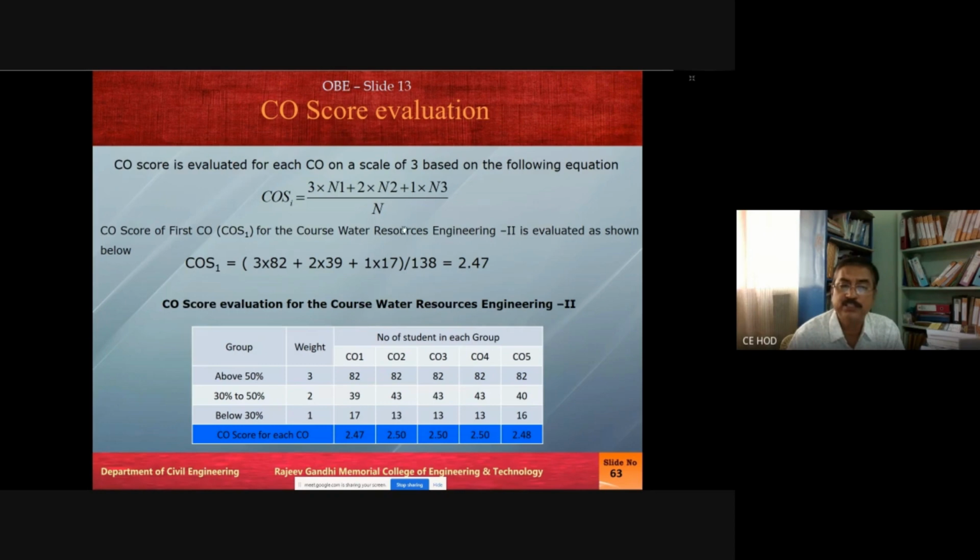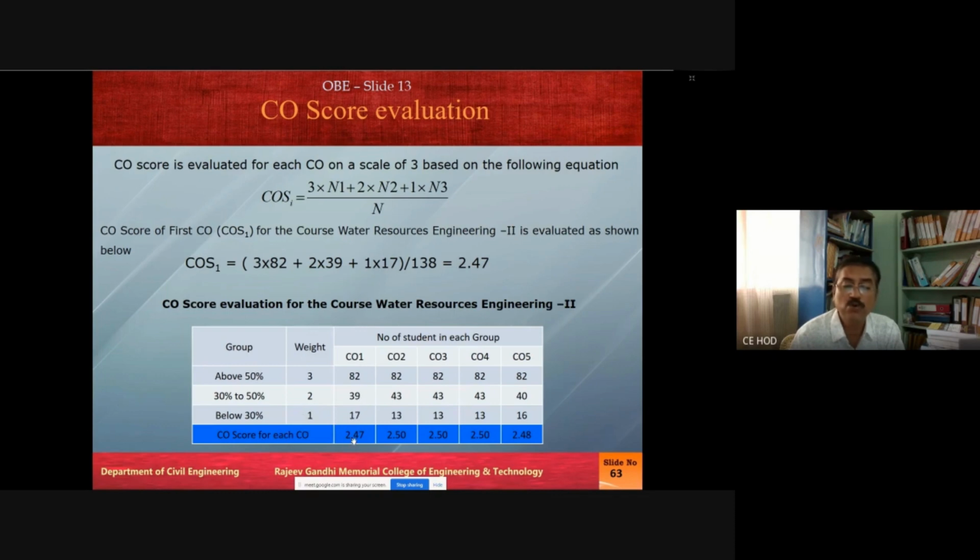Here, for the same subject, I am showing, sir. Above 50%, the weight is 3. CO1 is 82, CO2 is 82, CO3 is 82, so all have 82 CO attainments. In the band with weightage 2, there are 39 students in CO1, and with weightage 1, 17 students.